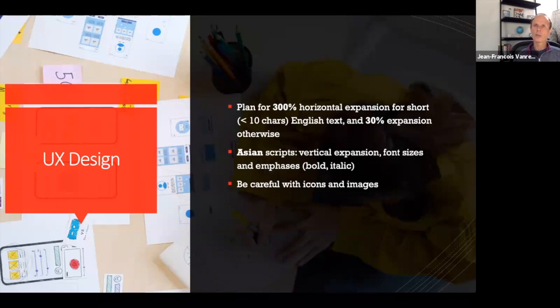And finally, when it comes to icons and images, be aware that some icons might be politically incorrect around the world, so you want to stay as neutral as possible. Otherwise, you might have to revamp your product or get very bad feedback from some of the regions. So again, a good reason to engage with your geo offices to get feedback on your user design.